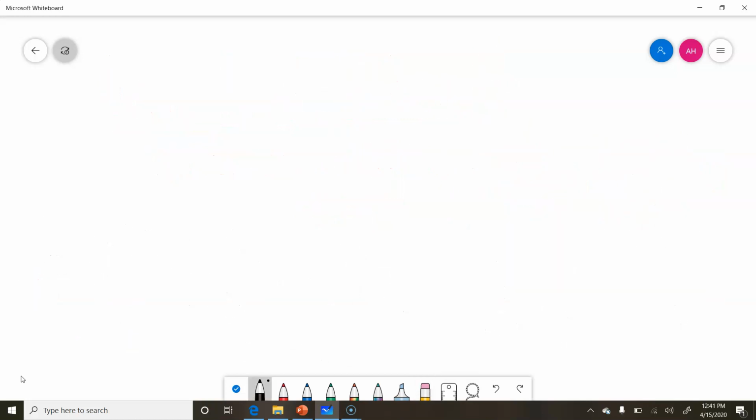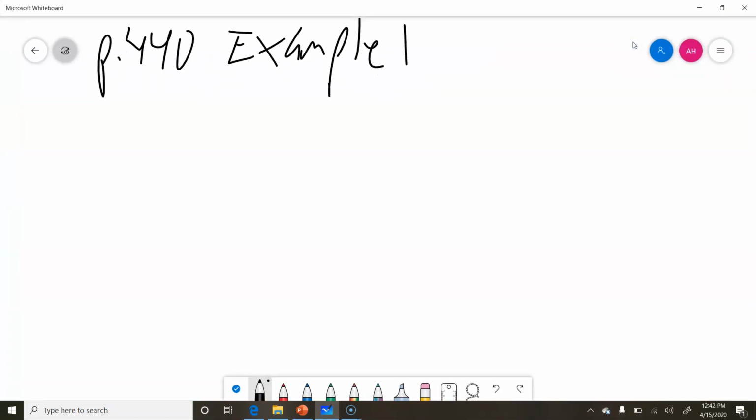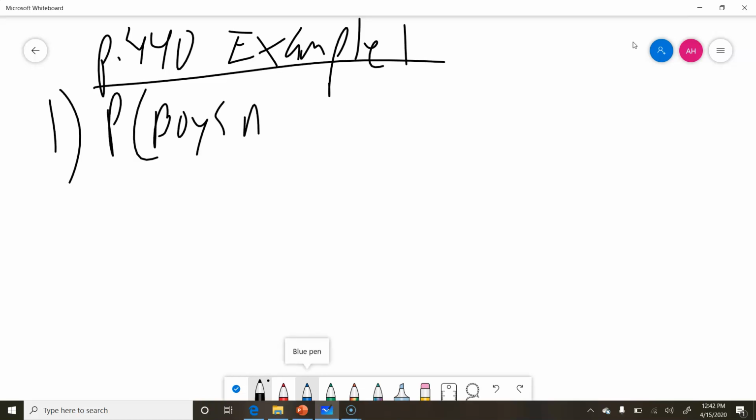Let's go over some more examples here. Let's say that we have that same box. This is now on page 440, and this is example 1. If you want to follow along, in example 1, the first event, number 1, we're trying to find the probability of a boy's name.